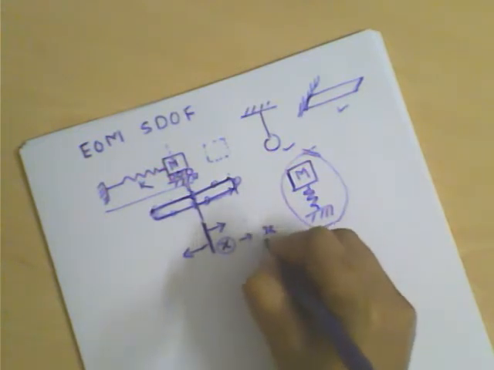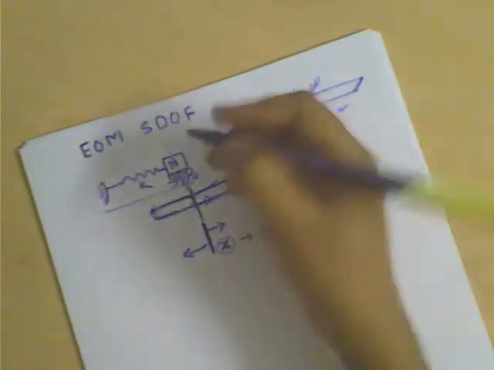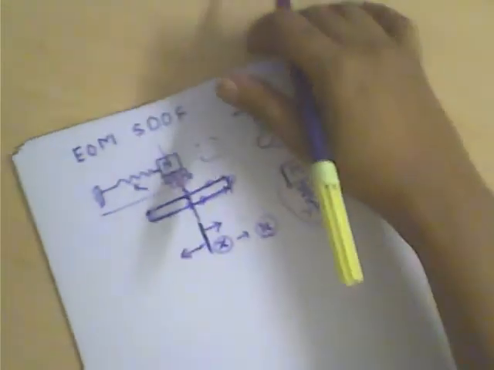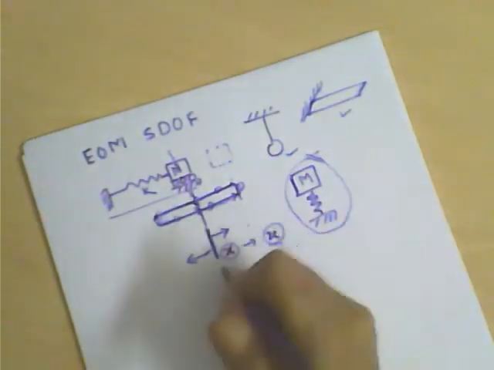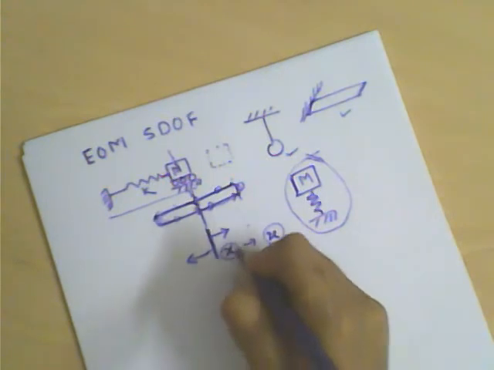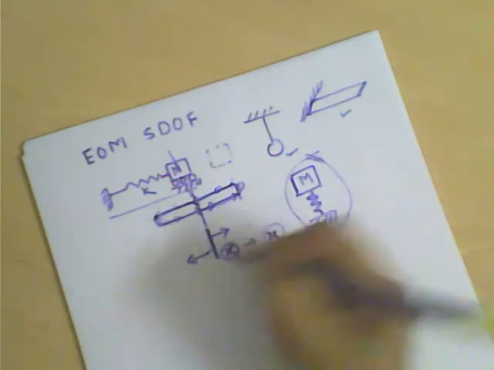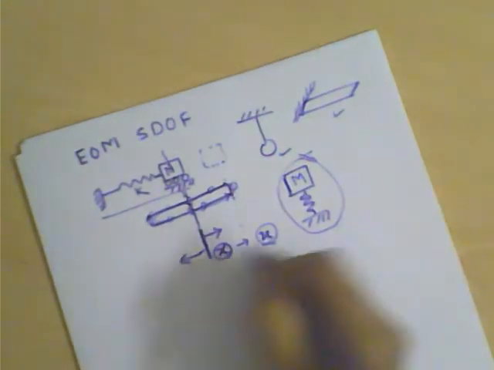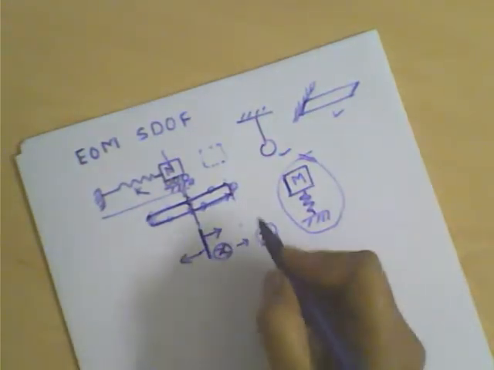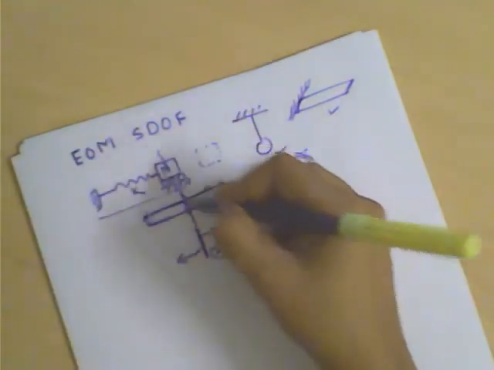Whether you call it u or x is identical in this case. I will call it x, because u is x itself: whatever x is will be u, because the reference of u is the mean position.